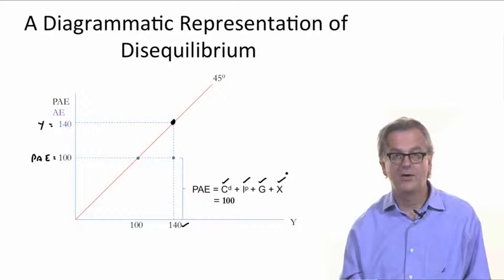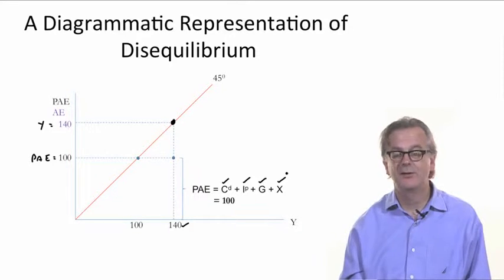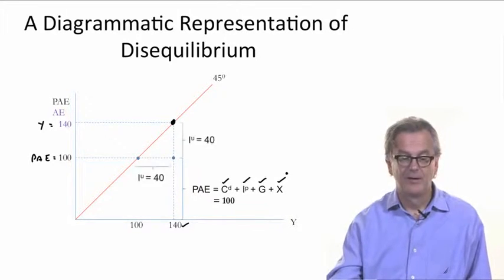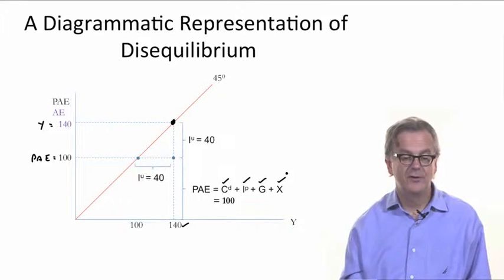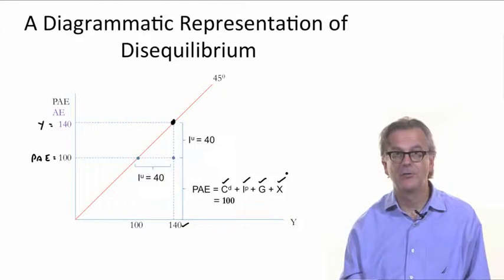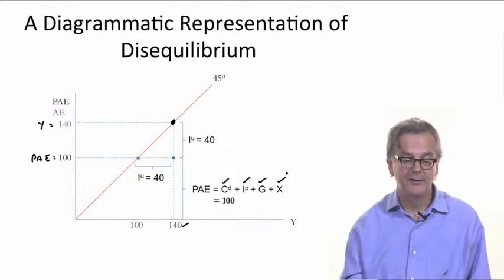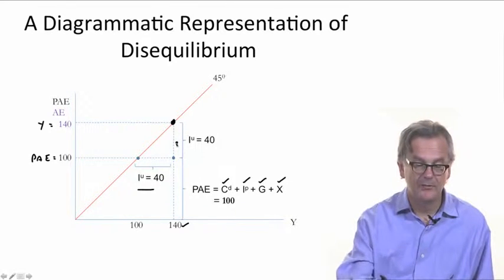We know that because the flow of production must equal the flow of expenditure. So there's another 40 units of expenditure taking place here. That additional 40 units of expenditure is actual unplanned expenditure. And it is in fact an unplanned increase in inventories, which represents expenditure by firms. It represents unplanned investment expenditure. And that can be measured either horizontally here or vertically here.